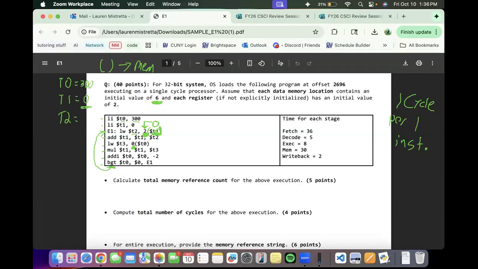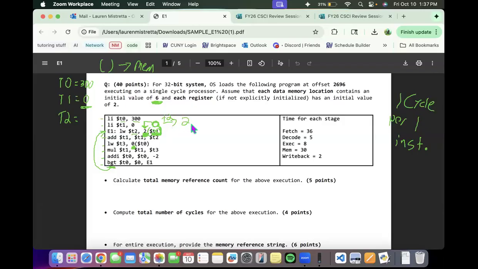What do you mean by offset? Like, do we add 2, or is the 2 just the address? So it specifies how many bytes away the mem address is from. So instead of being in mem address 0, this is 0 bytes, I'm going to be in plus 2 bytes away.